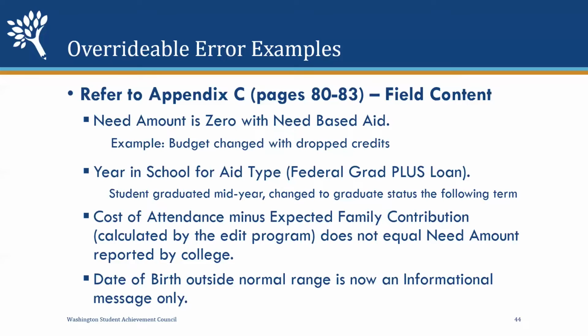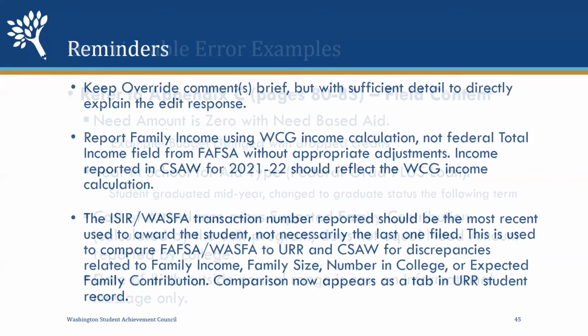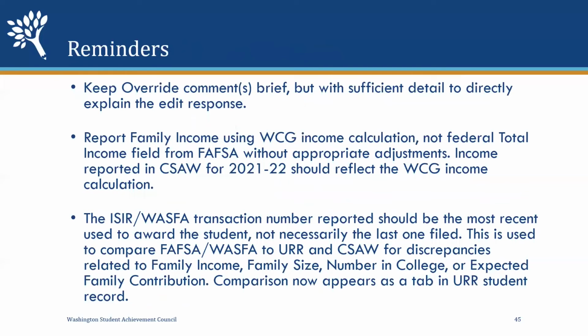The normal range is pretty wide now, so it may be something you want to take a look at to make sure you reported the right birth date, but it won't stop the file.